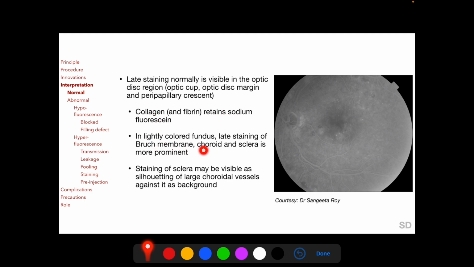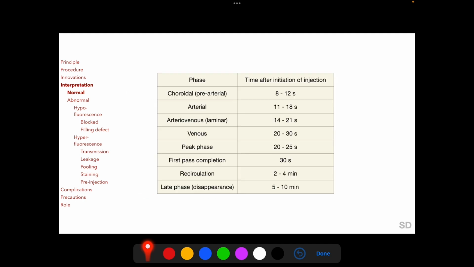But in lightly colored fundus, late staining of the remainder of the sclera as well as the choroid and Bruch's membrane become more prominent, and staining of sclera may be visible as silhouetting of large choroidal vessels against the sclera as background. So this chart shows the various phases and their time intervals following initiation of injection of the sodium fluorescent dye in the antecubital vein.